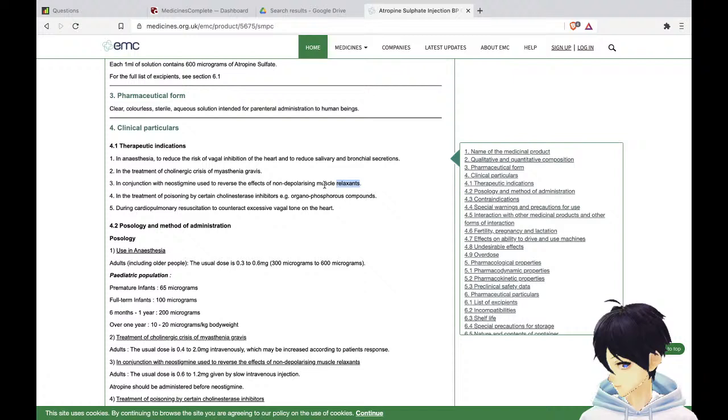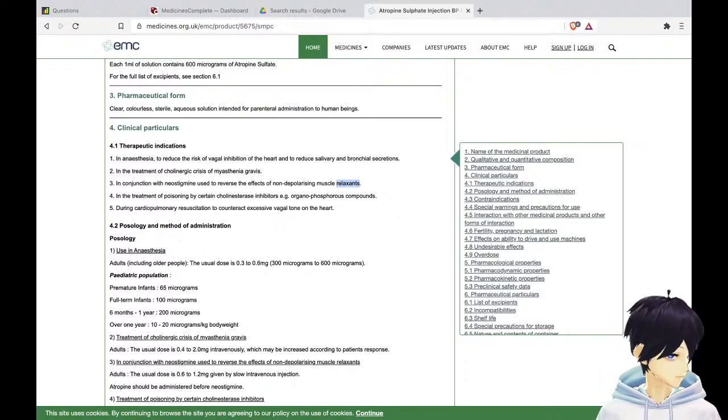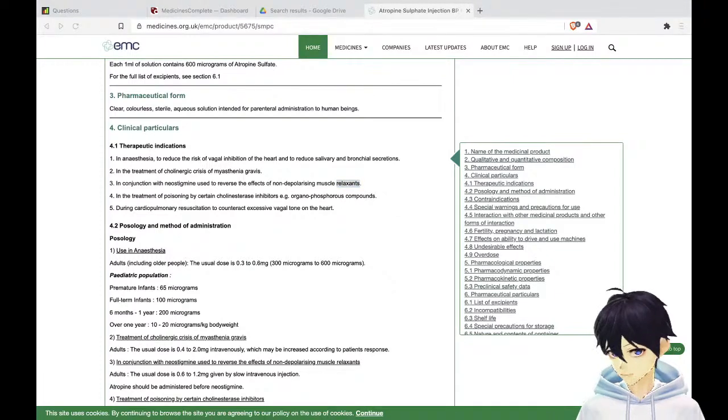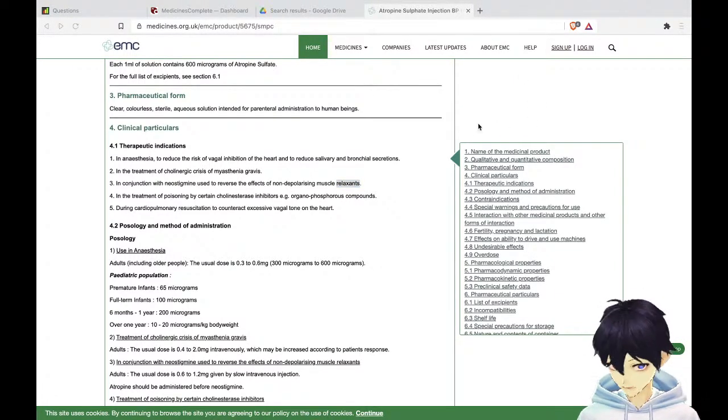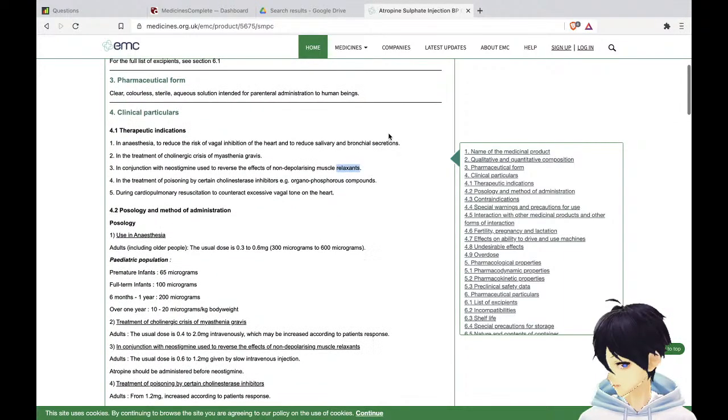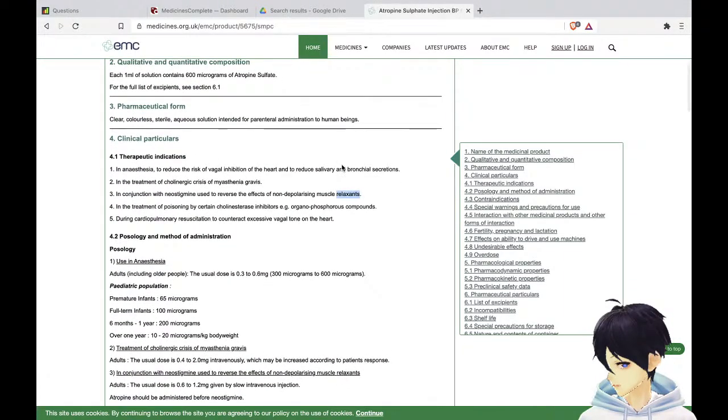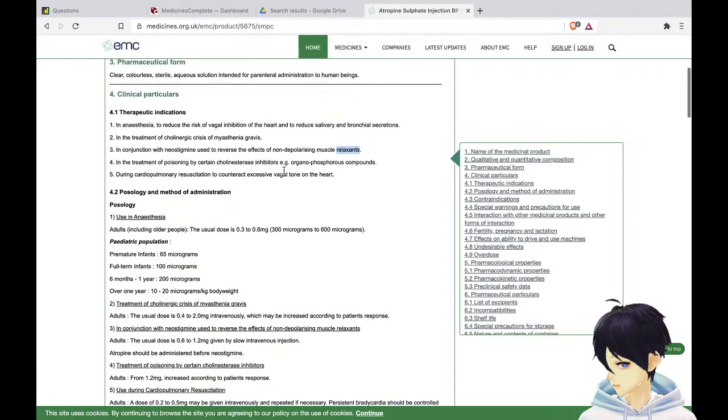What do these muscle relaxants do again? Oops. Okay, where were we? Therapeutic indications in anesthesia, in conjunction with neostigmine, used to reverse the effects of non-depolarizing muscle relaxants.